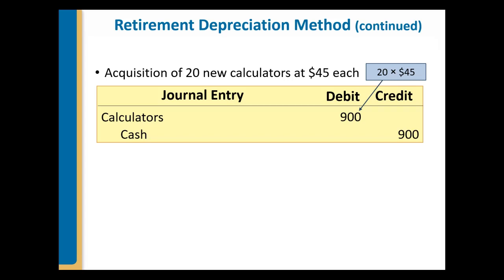See the first entry shown here. 30 calculators are disposed or retired by selling them secondhand to a bookkeeping firm for $5 each. The second journal entry shown reflects the retirement method. Note that the retirement system assumes a FIFO cost flow approach in determining the cost of assets, $50 each, that were disposed of.